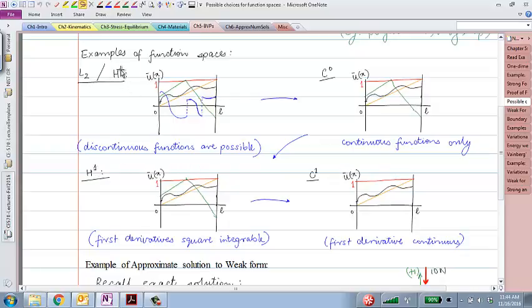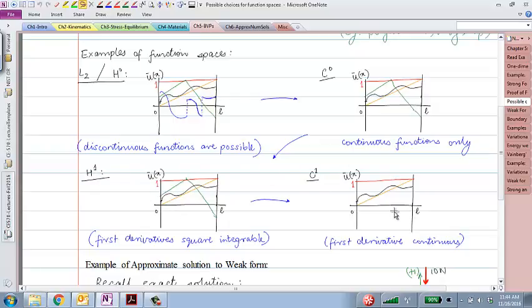Originally, we started with H0 or L2, where the function itself has to be square integrable. Then we restricted it to continuous functions, removing all the discontinuous functions. Then we restricted that further to a space of functions which have the first derivative square integrable.